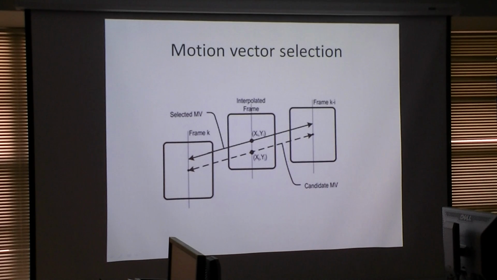Another problem about this bi-directional motion estimation is that maybe you will have more than one motion vector going through a certain interpolated frame. I can show you an example.